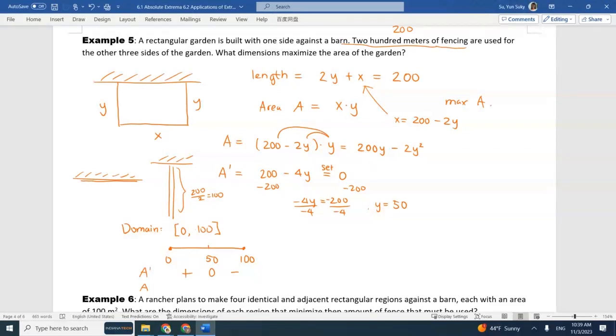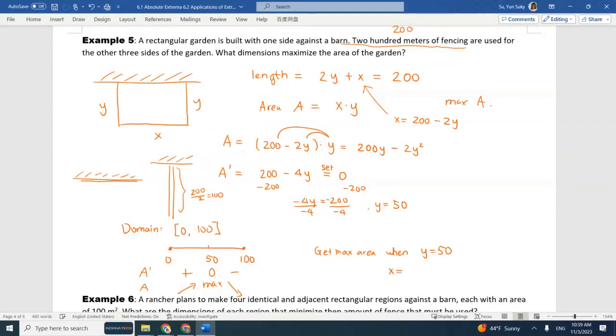Okay. Dante, is your A increasing or decreasing? Increase and then? Yeah, maximum. Are we looking for maximum? Yeah. So we get maximum area when y is 50.